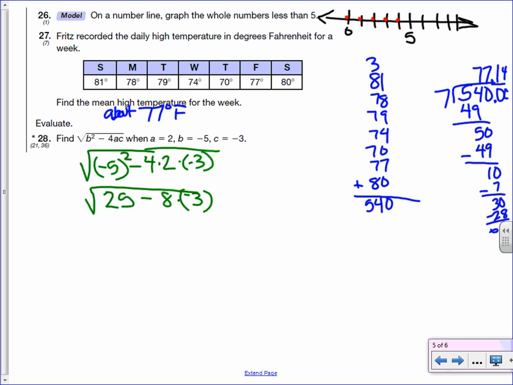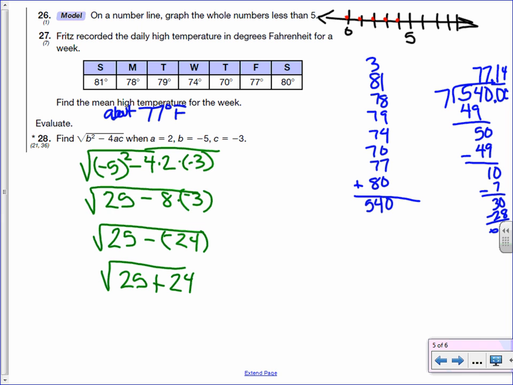And then 8 times negative 3 is negative 24. And when we subtract a negative, we can add its opposite. And the opposite of negative 24 is positive 24. Square root of 49 is 7.